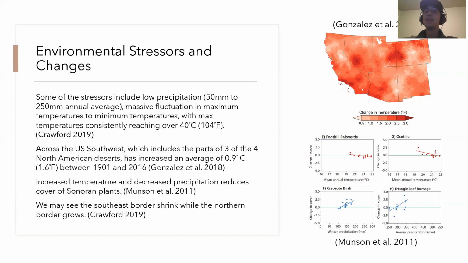Another interesting fact I found about the change we're expecting to see with the Sonoran Desert is that the southeast border of the Sonoran Desert is expected to shrink while the northern border grows, which is just a result of the precipitation in the region, which I thought was very interesting.